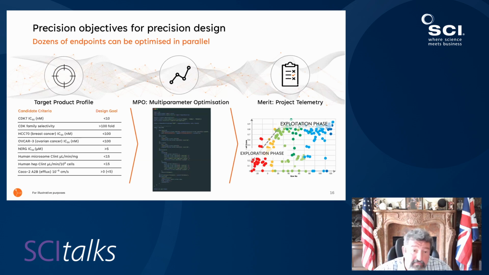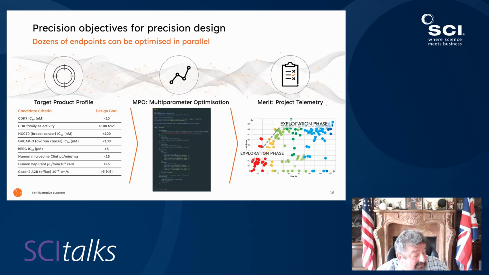There's a different mask or TPP possible for different therapeutic modalities. So injected peptides and biologics drugs are very different in terms of their TPPs to oral small molecule drugs. And experience is that you can see many of the design goals are thresholds.